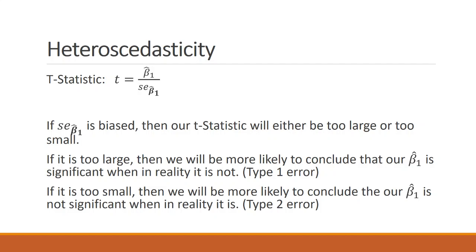We'll be more likely to commit a type 1 or a type 2 error. That means our t-statistic will either be too large or too small. If it's too large, there's a greater chance of type 1 error. If it's too small, a greater chance of type 2 error.